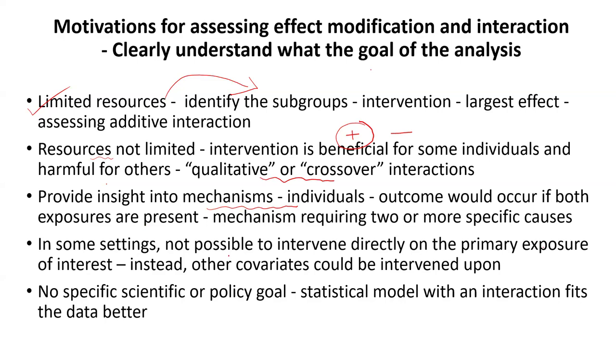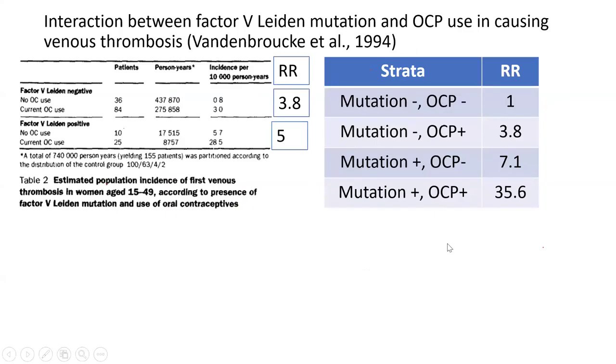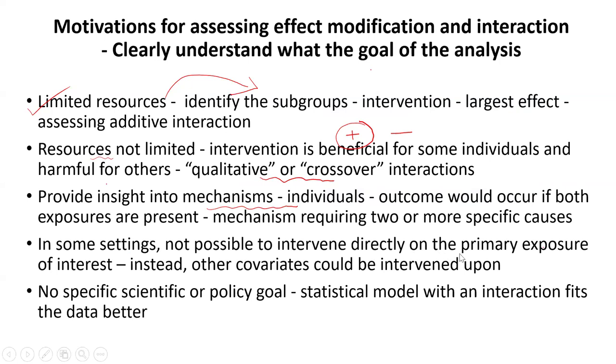There is also the interesting possibility that there could be a synergism or an interaction in which there are two exposures at play and you cannot really do anything for one exposure, but you can intervene for the other, and the outcome does not occur unless both of them interplay.